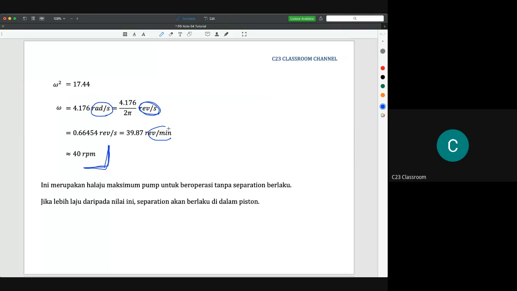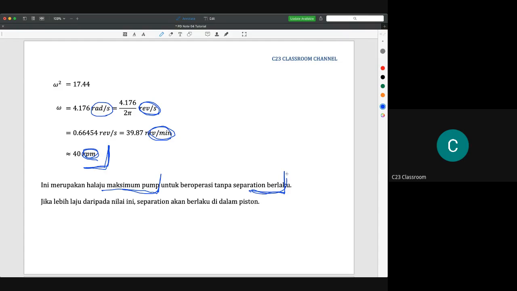Revolution per minute can be expressed as RPM. So in this question, please be careful about the unit of the rotational speed. This is the maximum velocity for the pump to be operated without any separation.